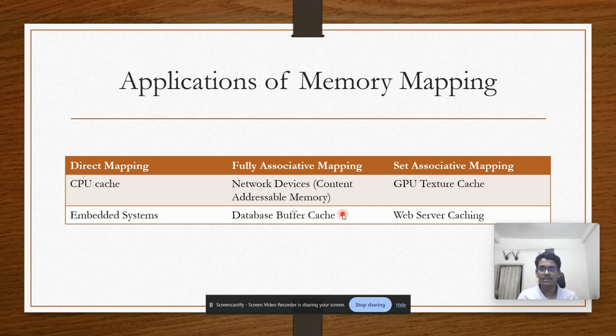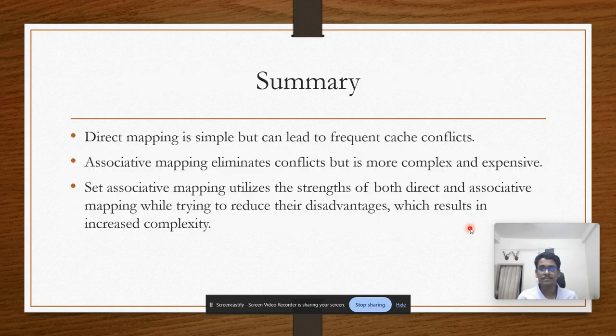Database buffer caches also utilize the fully associative mapping, while set associative mapping, having a complex task, is used in GPU texture cache and web server caching, which are complex tasks as compared to other mapping techniques.